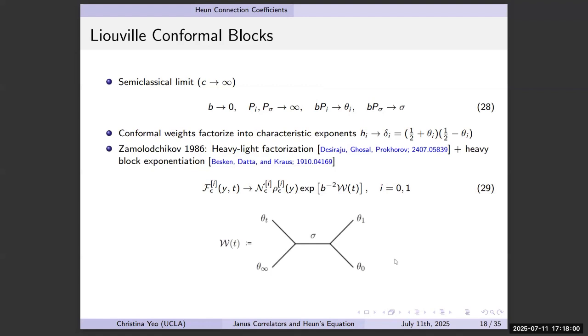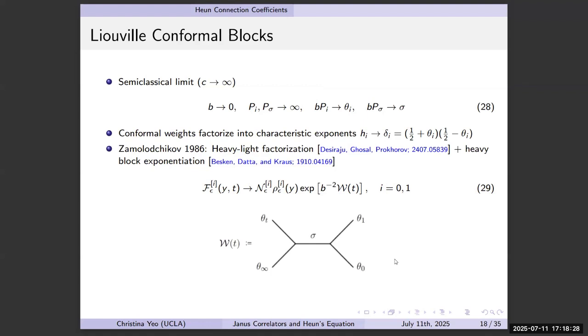And in this limit, lots of nice simplifications happen. The conformal weights of each operator factorize in this form, and this factor and this factor are later going to be the leading exponential factors for the Frobenius solution. And we also get a factorization between the heavy parts and the light degenerate operator insertion.